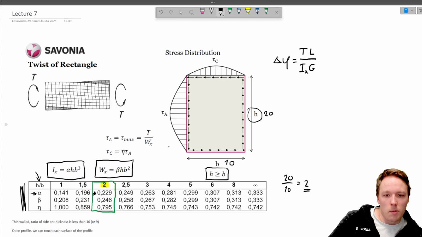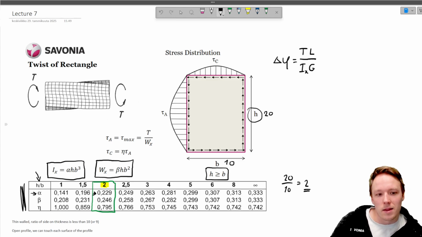In this example, with a cross section of 20 millimeters by 10 millimeters, we would choose a beta of 0.246. Then we multiply that by the height and the width to the power of 2. From here we can see that the units are exactly the same as before: this one will be millimeters to the power of 3, and the other will be millimeters to the power of 4, like so.